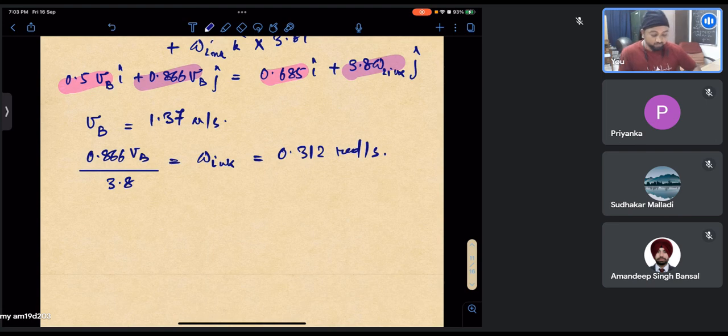So it is coming out as positive. So whatever direction we took is correct. It is that way only.